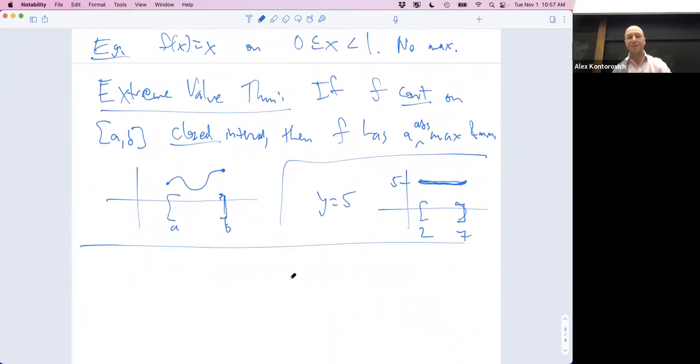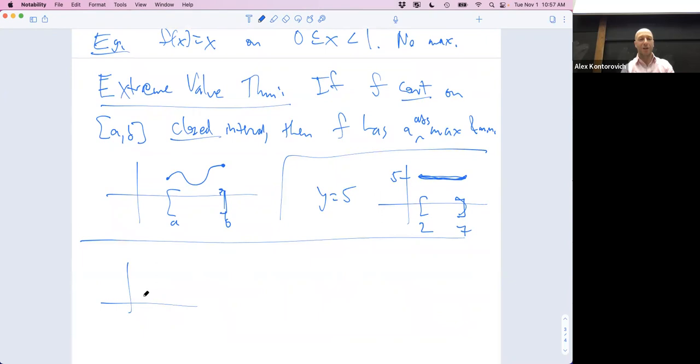A function that's not constant can also have, if you have a function that's continuous, maybe you have something like this. All of these points are absolute maxes and local maxes for the function. These are all absolute and local maxes.